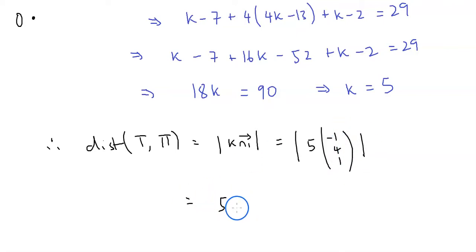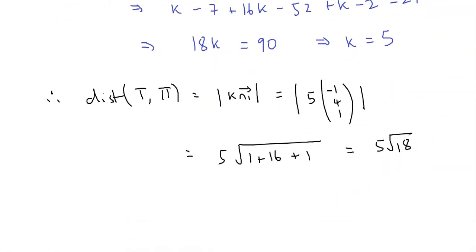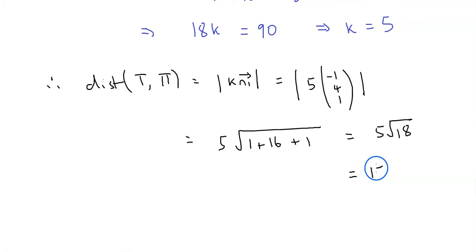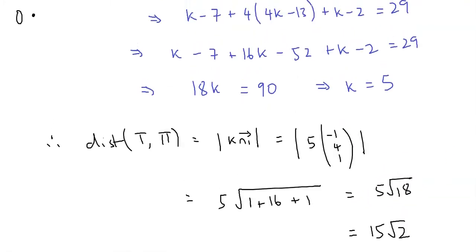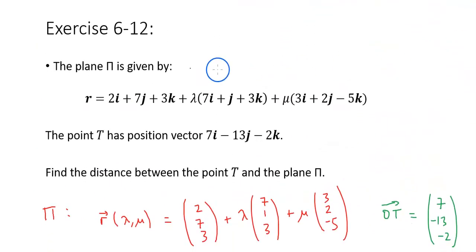So that's equal to 5 times the square root of 1 plus 16 plus 1. So that is equal to 5 times the square root of 18. Or you can also write that as 15 times square root of 2, if you prefer. And that's all for this question.